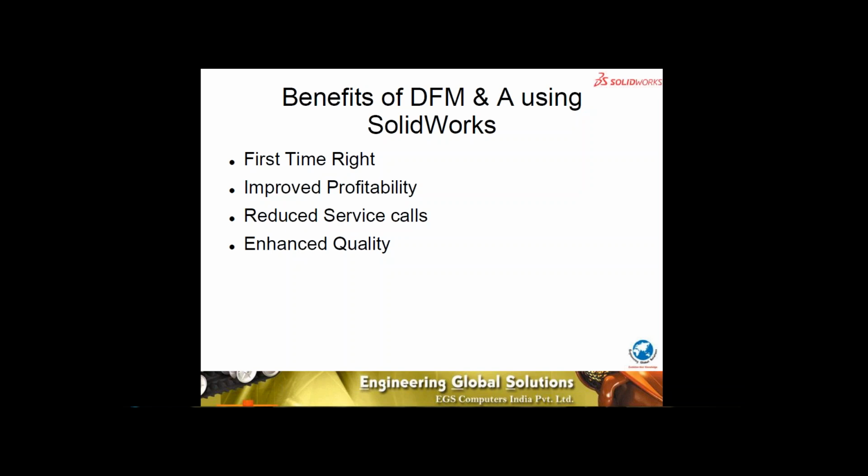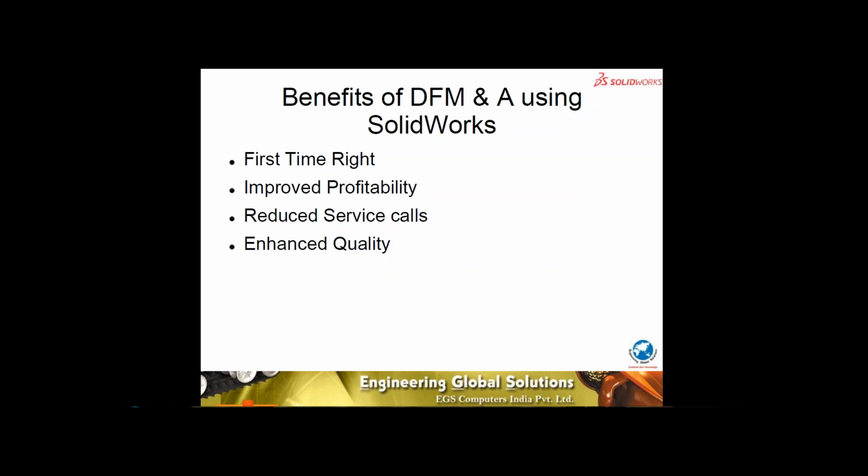Enhanced quality, either as perceived by the customer or as delivered by our suppliers, is an assurance that comes in as a result of adhering to the design for manufacturing and assembly process. One of the most important things that we need to understand in this process is that the design cycle time gets extended.